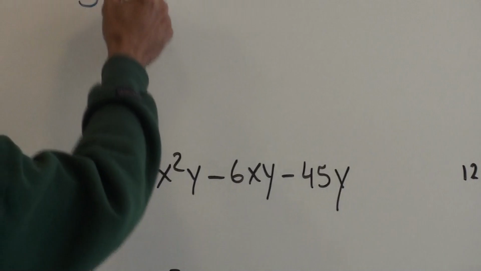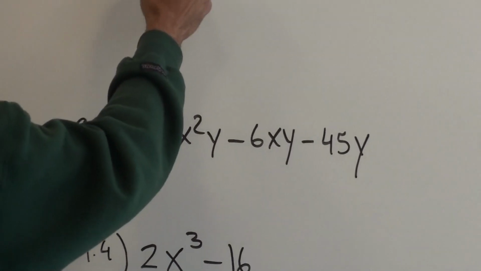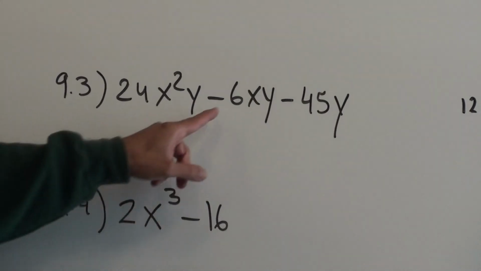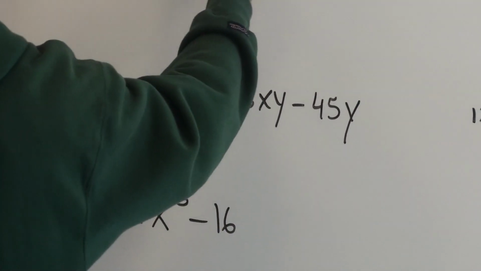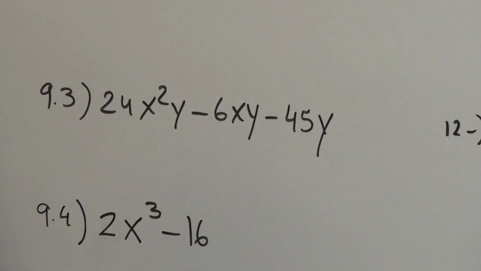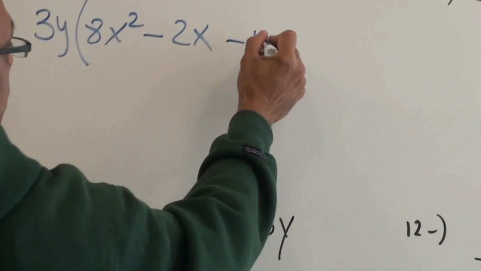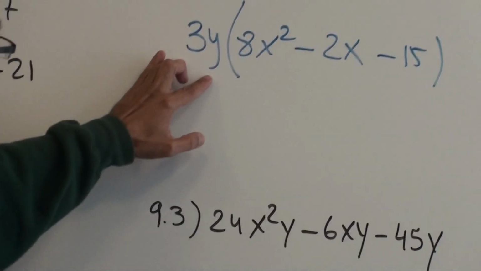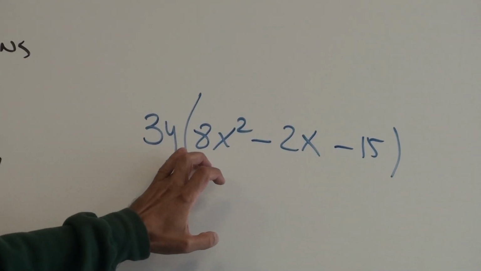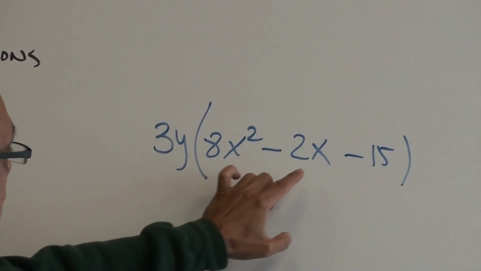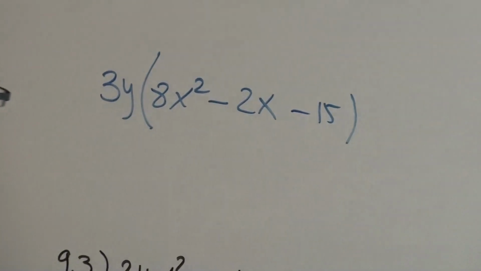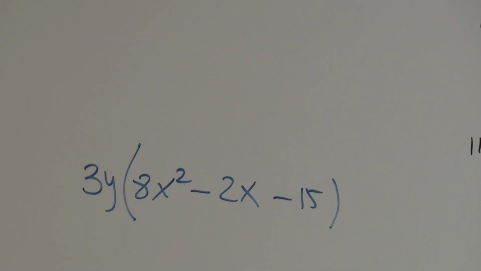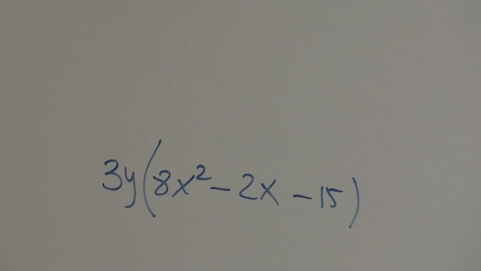So if I do that, 24 is going to be 8x squared. Here I'm going to have 2x, and here I'm going to have a 15. Let's see, is this correct? 3y times this is going to be 24y, and then 6 here, and 3 times 15 is 45, so that's correct.